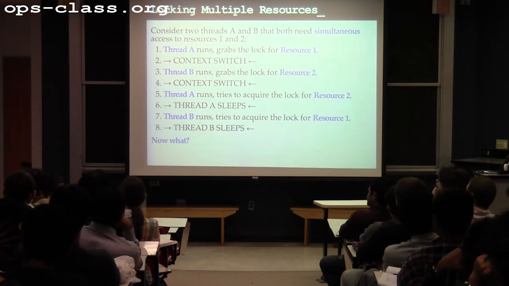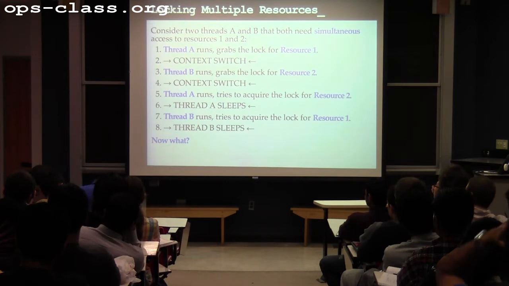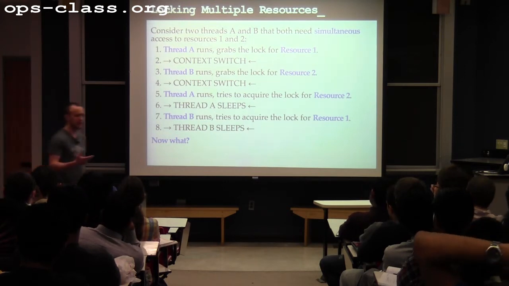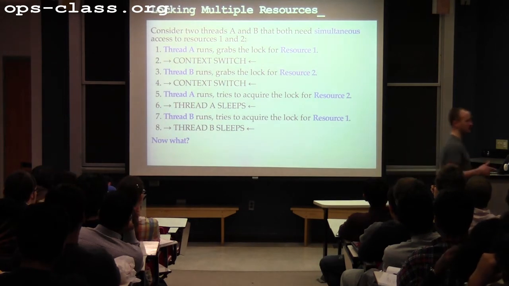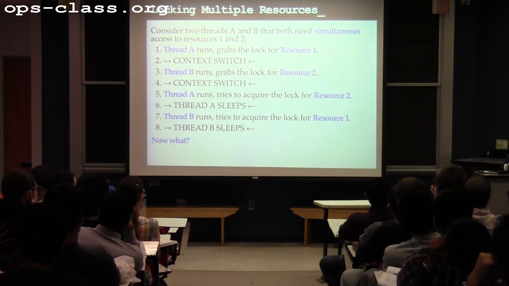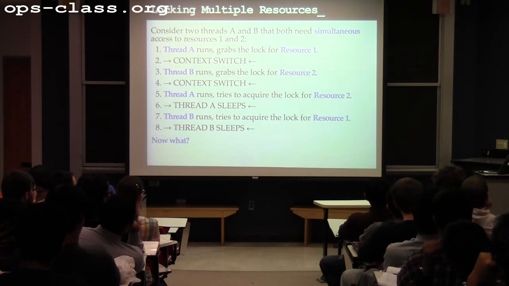Okay, so this is what's called deadlock. What's one way of conceptually describing a deadlock? A deadlock refers to a what in the waiting queue? If I was able to look at the waiting queue here, what would I see? A circular dependency, right?